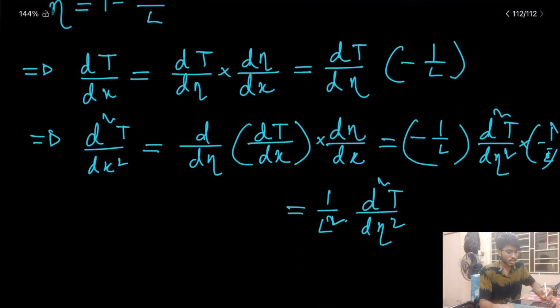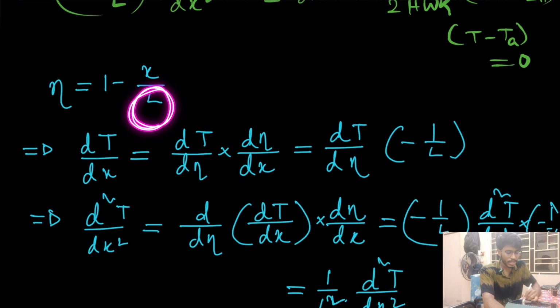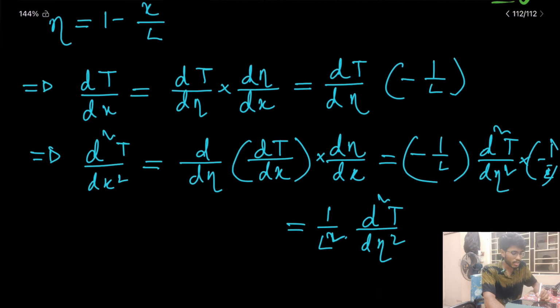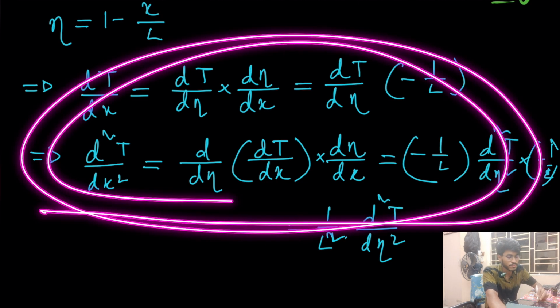And I have also taught you this before, because this 1 is a constant, it will not matter after doing the derivative. But as I am having L here, here it will be L square. I have shown this before, how to do this faster, I mean how can you skip all these untidy steps, right?